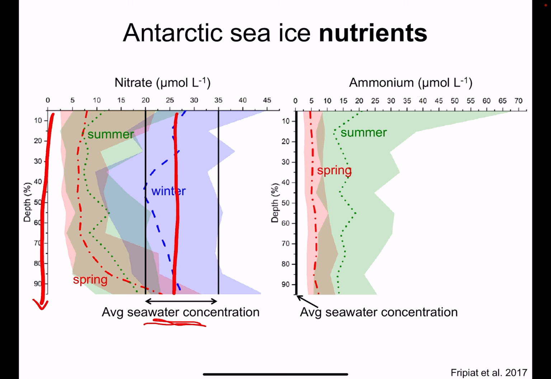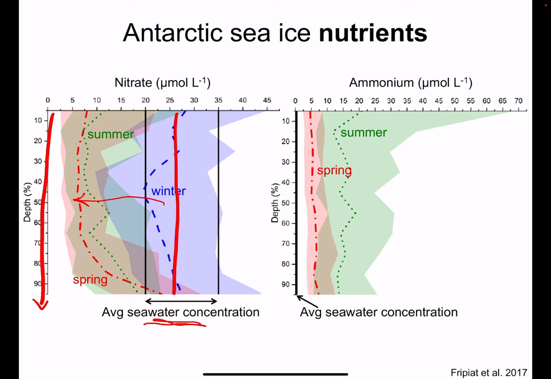So in any case, in the winter, you see that the nitrate looks like the seawater concentration, which suggests that it's been entrained from seawater, or seawater is often breaking over the top of the sea ice. So you can inundate the sea ice that way as well. So then that nitrate gets pretty rapidly drawn down into the spring as phytoplankton or algae in the ice grow.